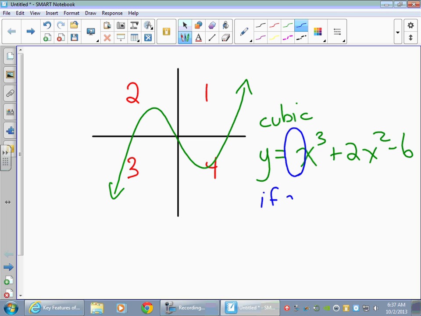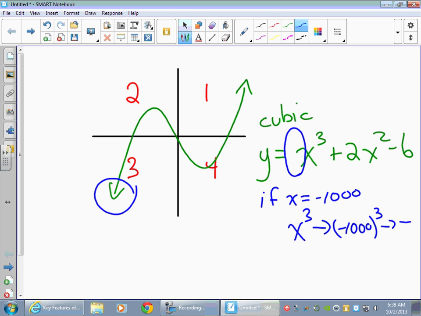So if x is something like negative 1,000 or negative 10,000, then x cubed is going to be negative 1,000 cubed, which is to say it's negative. And so down here, as x goes that way, the graph goes that way.